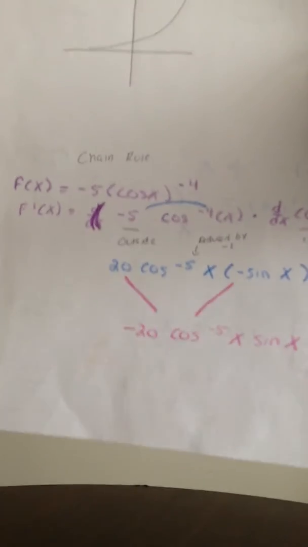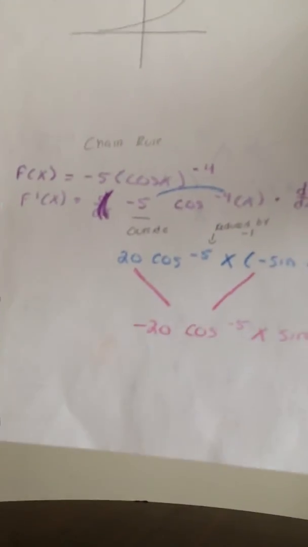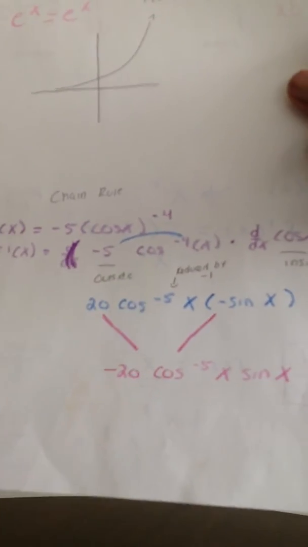So we have an example right here of a chain rule, which is f of x is equal to -5 cosine of x, all to the exponent of -4. So we take the outside function right there.